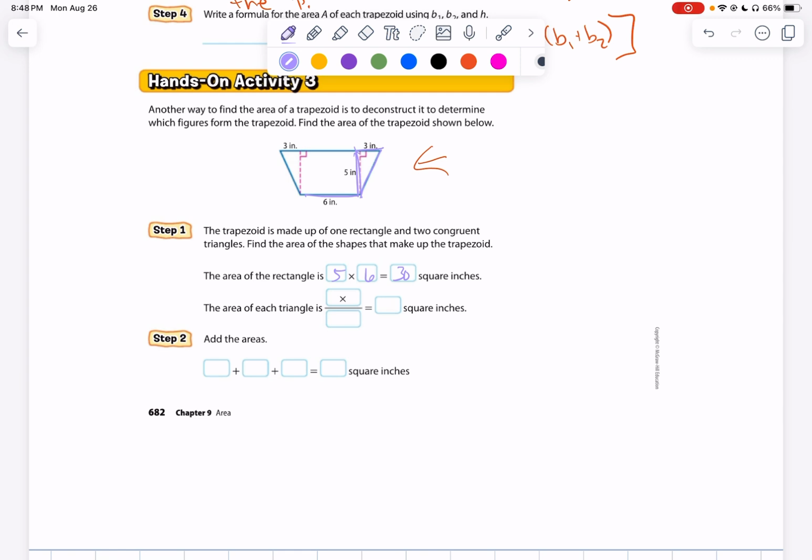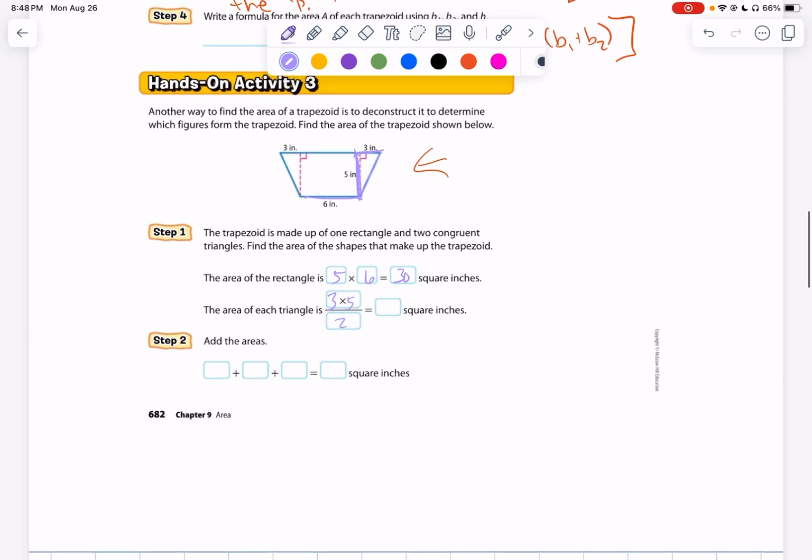Oh, I see what that X is. Okay, so it's 3 times 5, right? 3 times 5, and we would need to divide that by 2. So 15 divided by 2, half of 14 is 7, so half of 15 is 7.5.